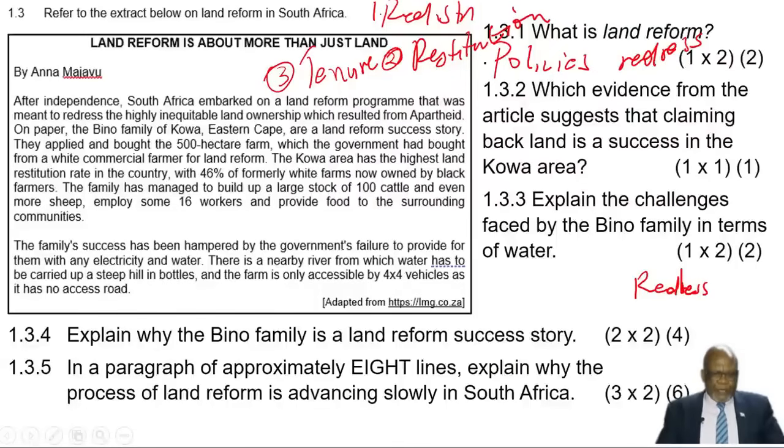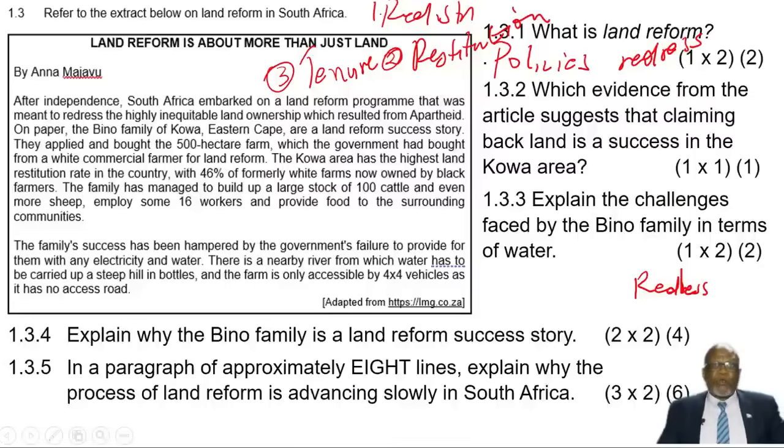So what does land tenure do? It protects people's rights to the land. For example, if a person is renting a particular house, and the owner wants his house back, he cannot just chase the person out of the property. They need to find an alternative for that person. Or you are working on a farm, but you are no longer productive.